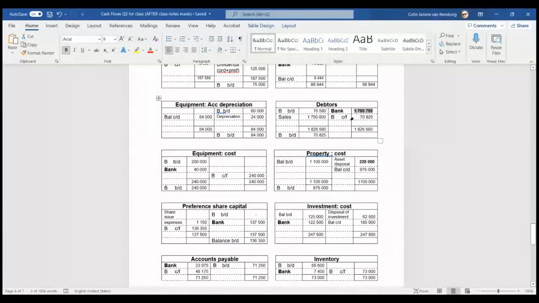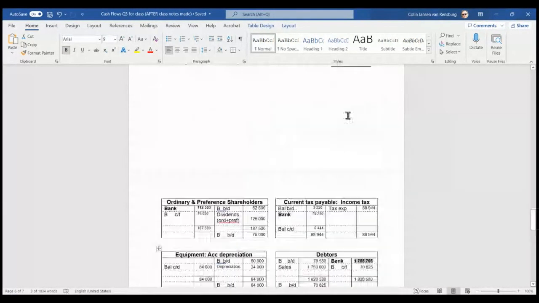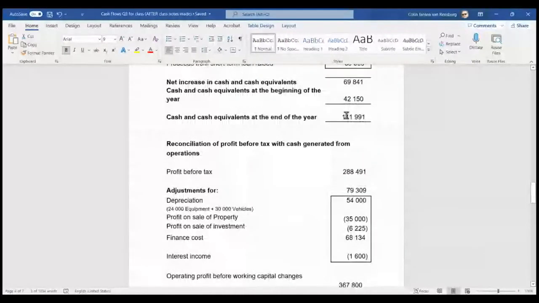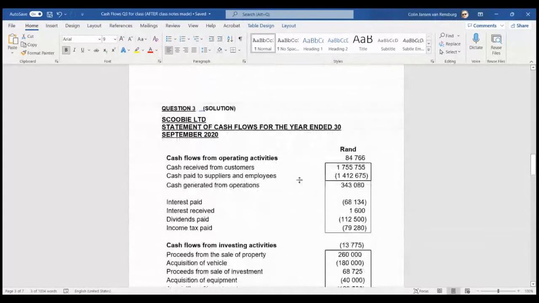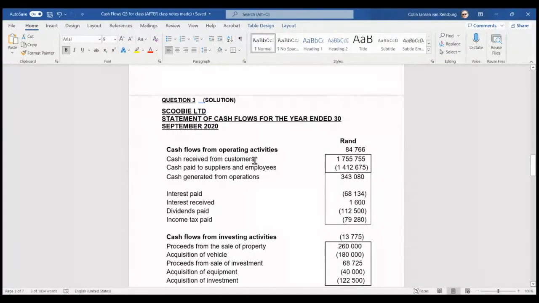So we're going to transfer that figure over to our statement of cash flows, the main body. There we go. How are we going to describe it? Cash received, or cash receipts if you wish, from customers. There we are.